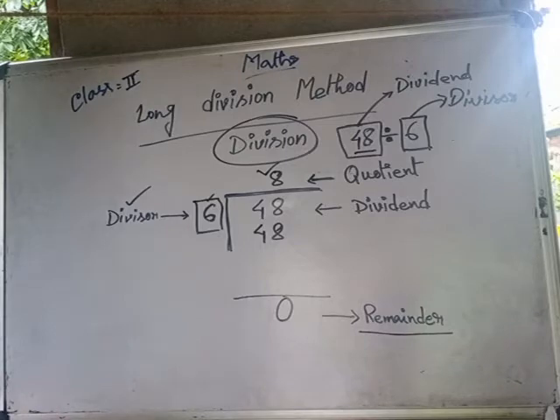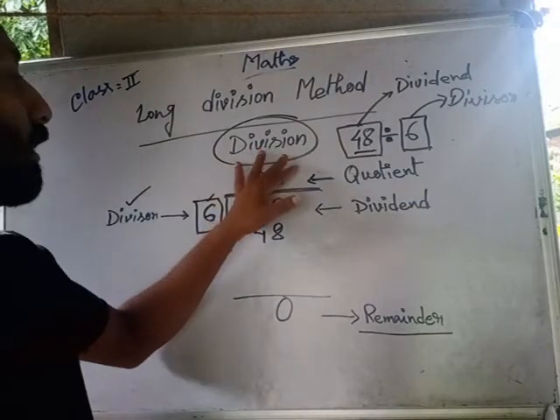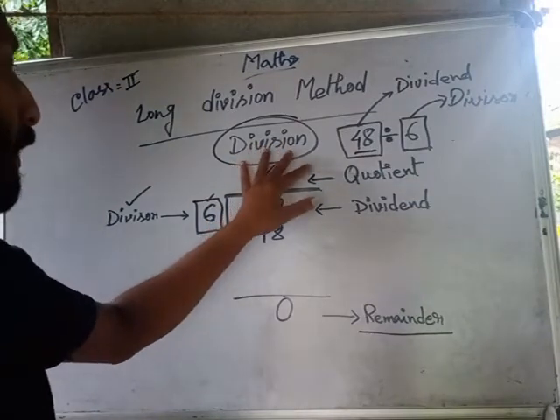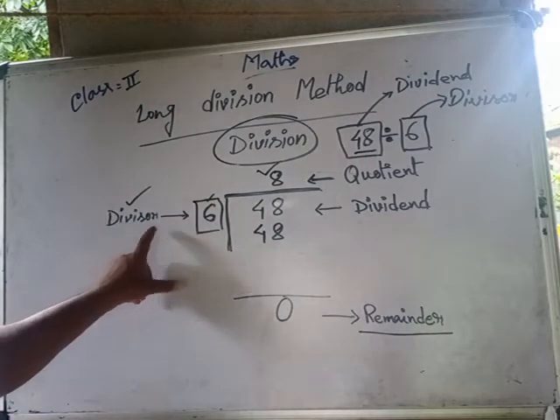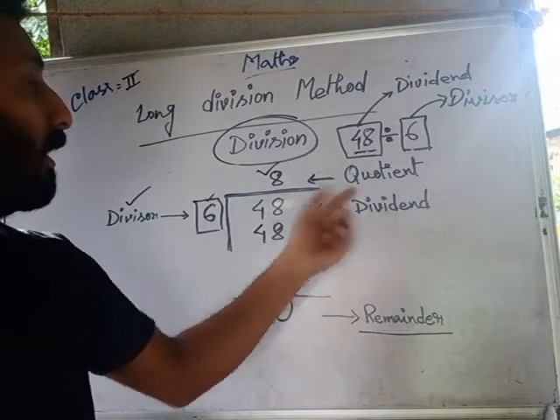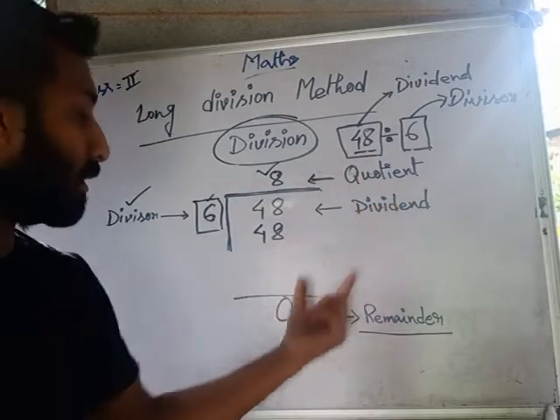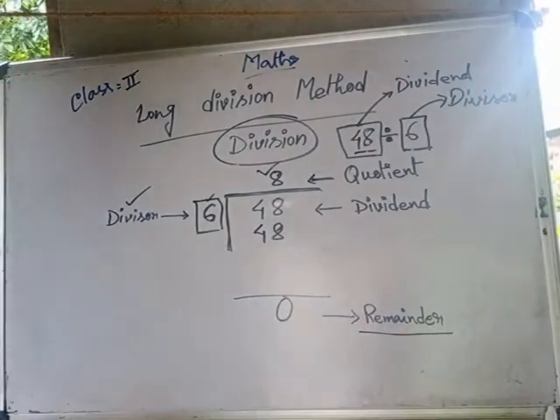Okay, this one is the process. So at first I will tell you about division. In the operation of division, there are 4 terms. One is divisor, second is dividend, third is quotient, and the fourth or last one is remainder.